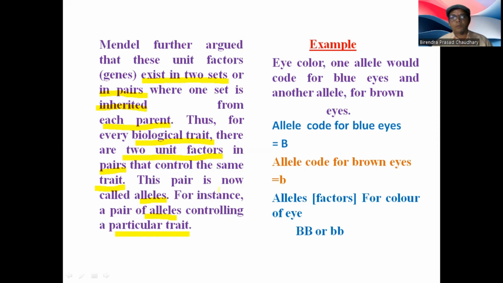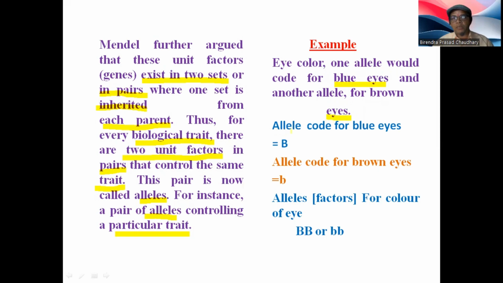For example, here you see eye color. Eye color is one of the biological traits, and this must be controlled by a pair of factors or a pair of genes. Here one allele would code for blue eyes, blue color of eye, which is the dominant character, and another allele for brown eyes. ब्राउन आइजको लागि फेरि अर्को जीन अथवा अर्को एलिल हुन्छ.